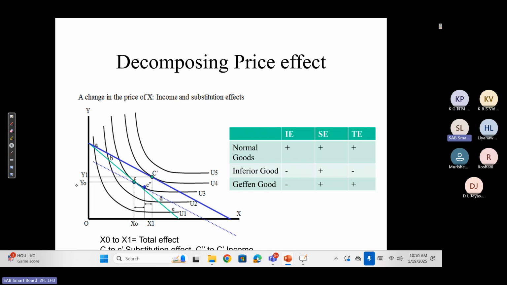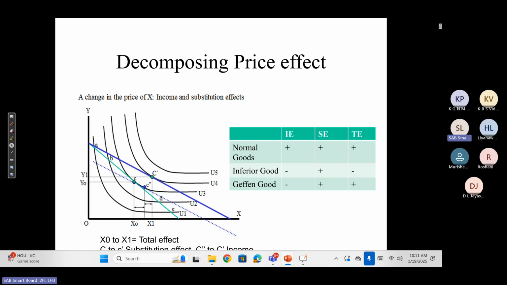The income effect: we will rotate the budget line parallel to the new budget line, right? Until it is tangent to the original indifference curve.